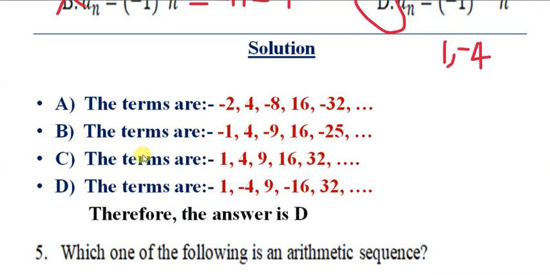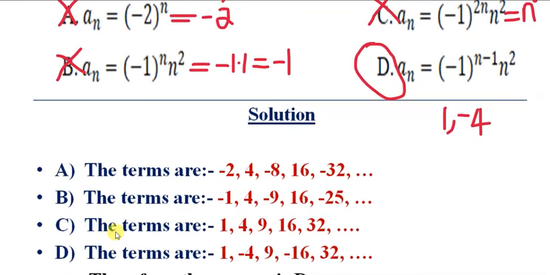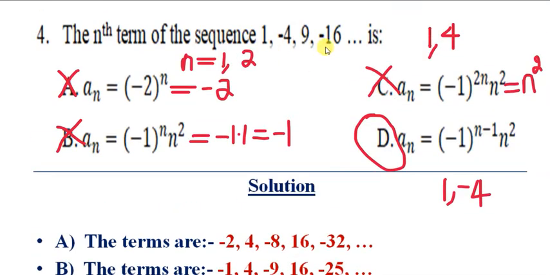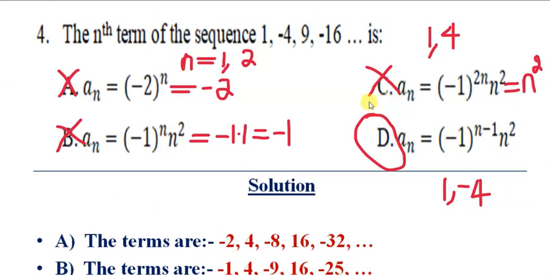The terms of the general term indicated in C give us 1, 4, 9, 16, 25, and so on. It is not equal to the given sequence. The terms of the general term of D give us 1, minus 4, 9, minus 16, 25, and so on. Therefore, the answer is D.